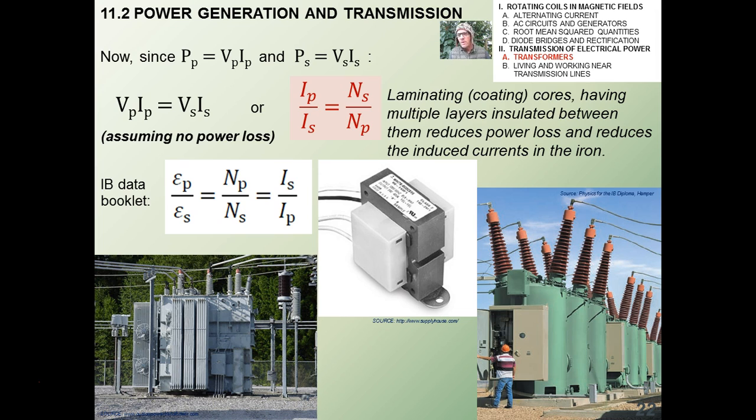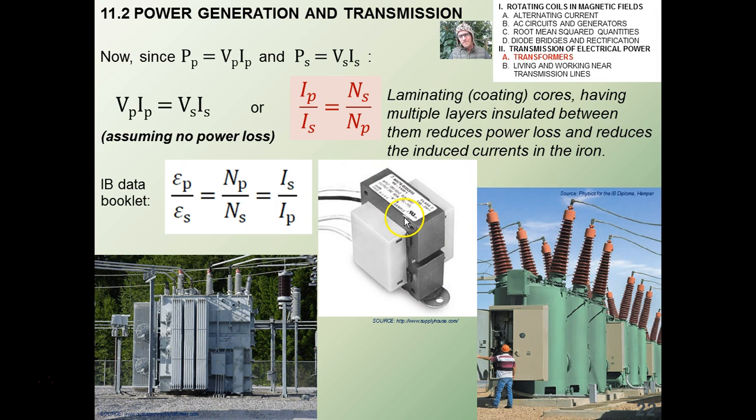And the way that engineers do it is they actually coat these cores, and they have multiple layers insulated between them to reduce power loss and reduce the induced currents in the iron, because there are lots of induced currents that actually serve as almost like electrical friction to kind of slow things down. And this is what transformers look like.